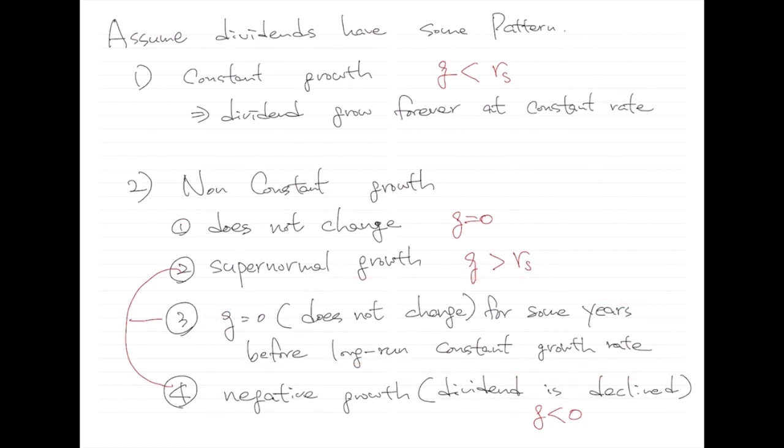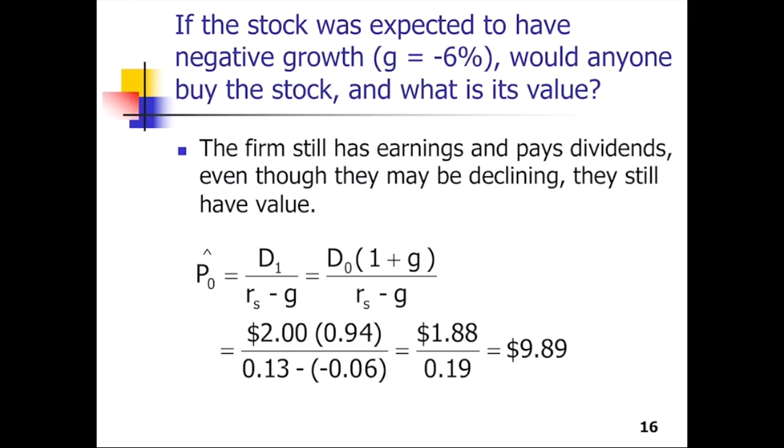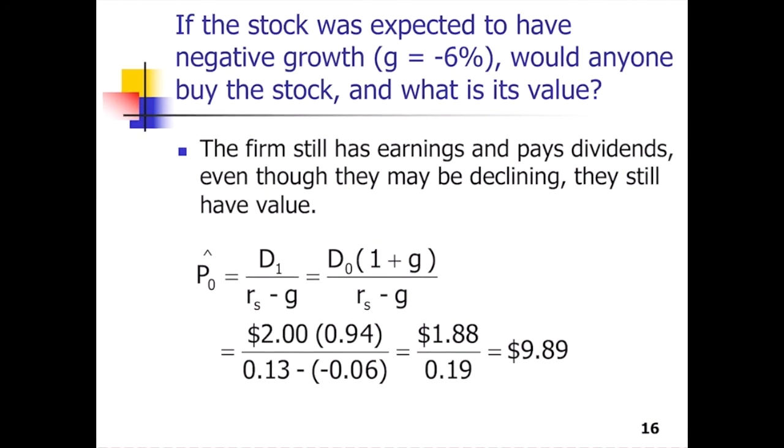And the final case is negative growth. It means the dividend is declined. Here is an example. If the stock was expected to have negative growth, the dividend growth is minus 6%. Would anyone buy the stock? And what is its value? In this case, can we apply the constant growth model? What is the required condition of the constant growth model?